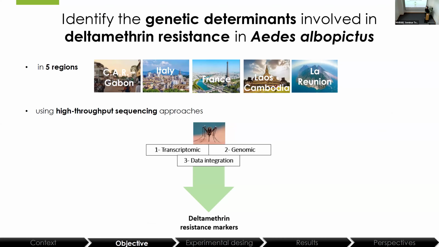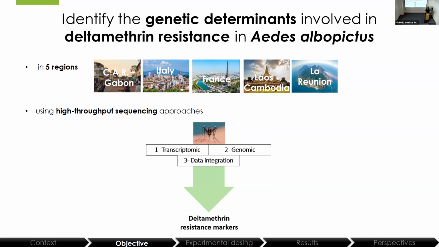So my work is about identifying the genetic determinants involved in deltamethrin resistance in albopictus. And for that, I study 5 regions. I study Africa with the Central African Republic and Gabon, Italy, metropolitan France, Asia with populations from Laos and Cambodia, and La Réunion Island.